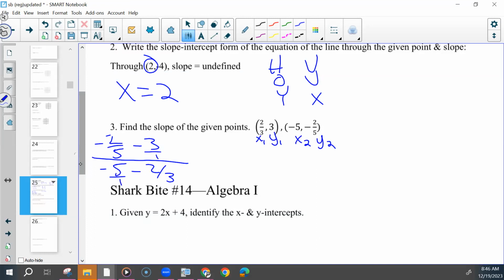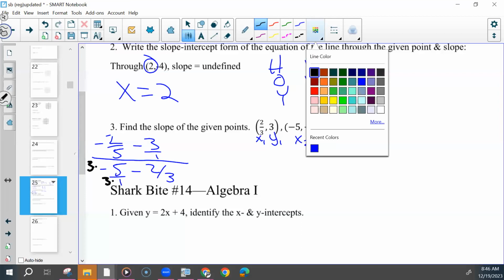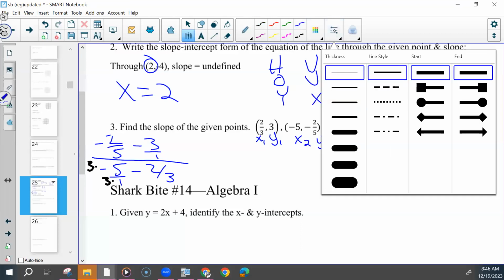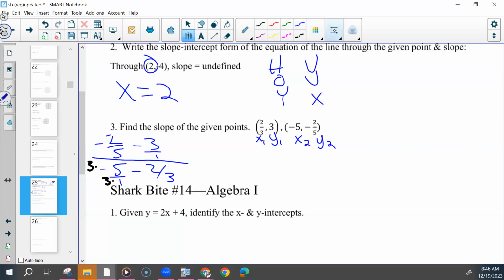So in the denominator, I can make it 3, so multiply it by 3. And in the numerator, multiply these by 5. We have -2/5 minus 15/5 all over -15/3 minus 2/5.